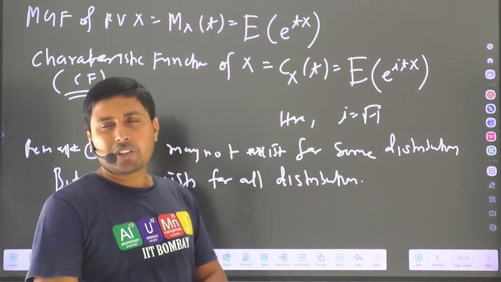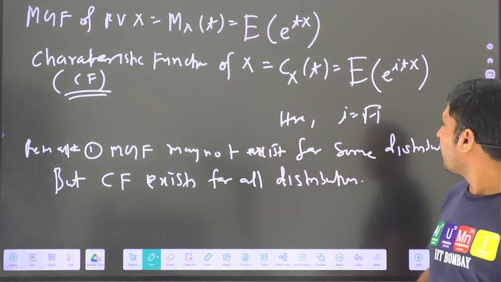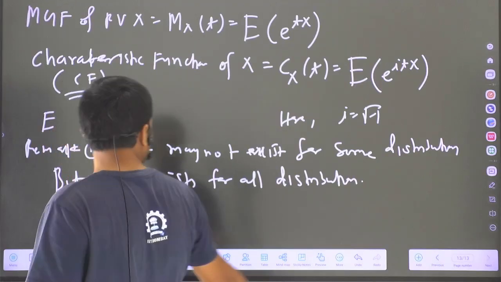Any PDF, PMF you take, the characteristic function will surely exist. Okay, so you know Euler's formula, that will help you sometimes.